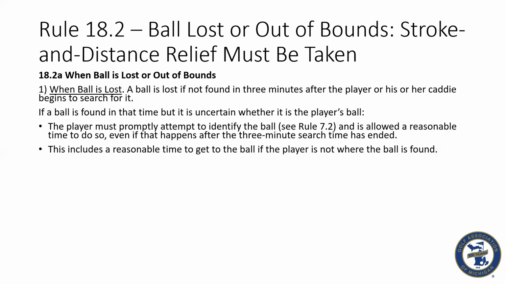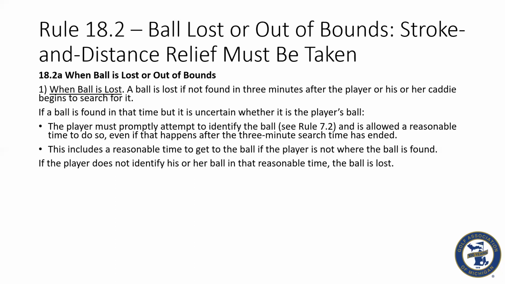Or in the case we talked about previously, where we think another group hit it, if we make that declaration before the three minutes is up, we still have additional time to go up and identify the ball. But it can't happen after the three minutes. It has to be before the three minutes is over.